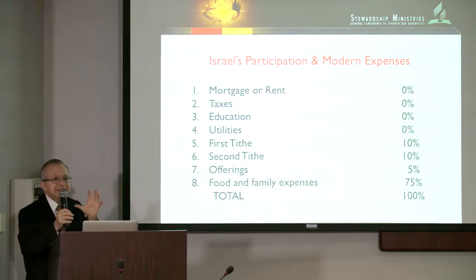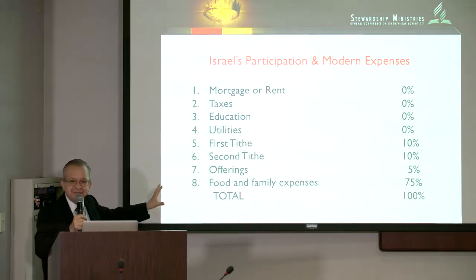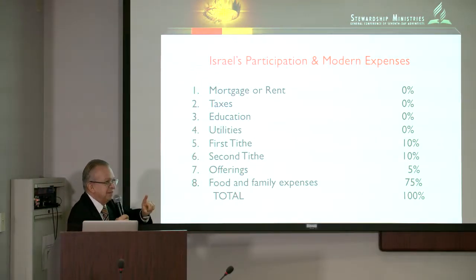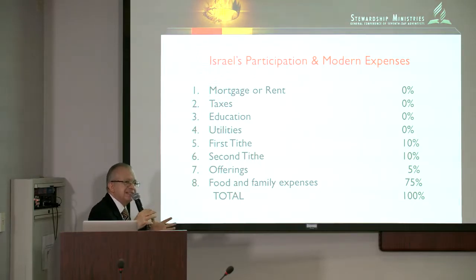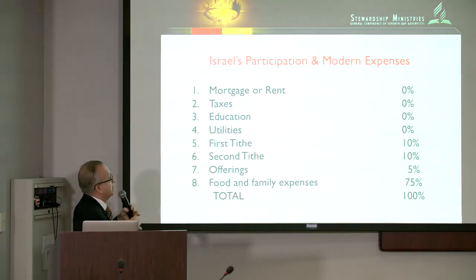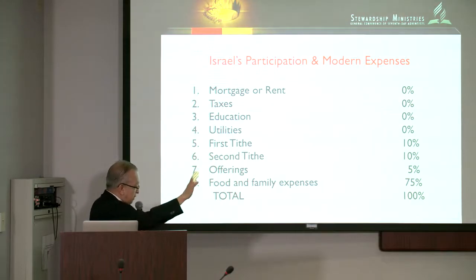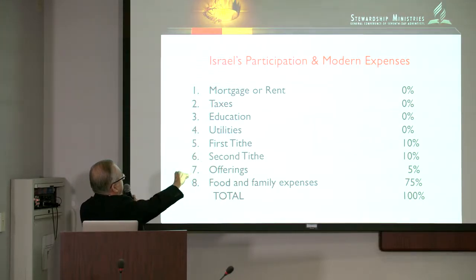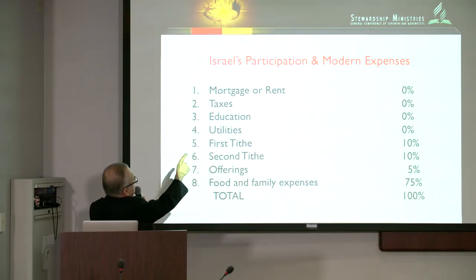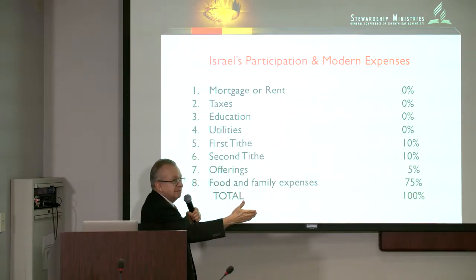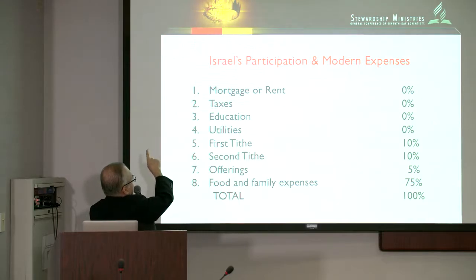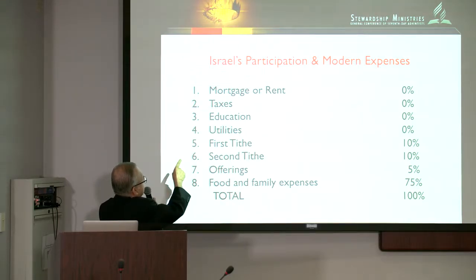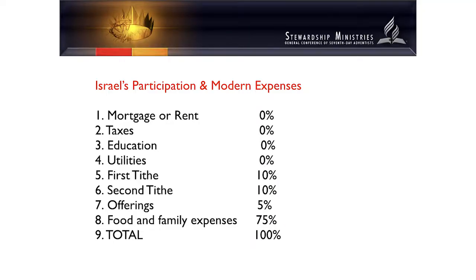Now, this is very, very interesting. Look, this was the financial design for families, for the Israel people. And we are going to compare with the modern expenses. In Israel, they don't have to pay anything for mortgage or rent.